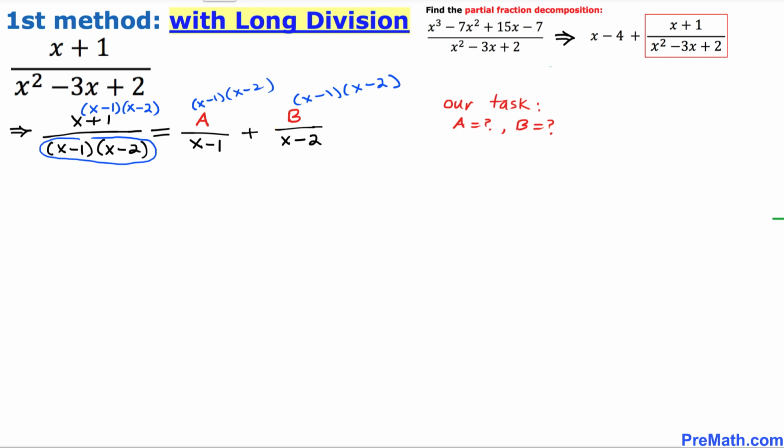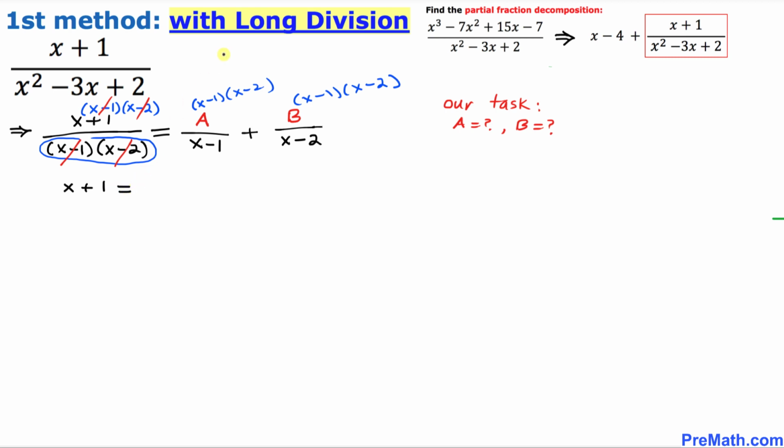And as we can see, these linear factors cross out, so we end up with, on the left hand side, x plus 1 only.